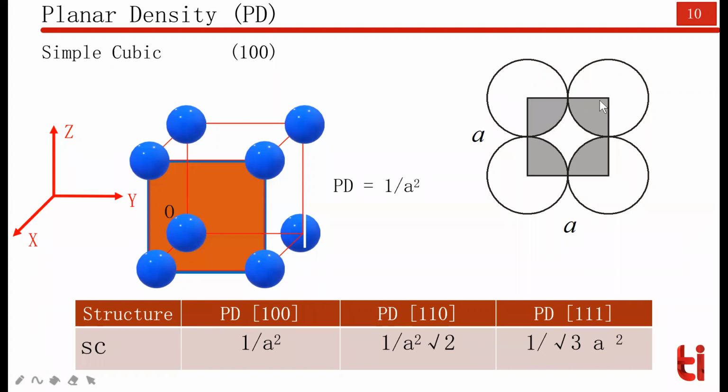Therefore, each atom contributes only 1/4, and your total contribution is 1/4 into 4, which equals 1 atom. And the area of the plane, since both edges are equal in dimension to the lattice parameter a, is a square. Therefore, your planar density for 100 for the simple cubic unit cell is 1 upon a square.